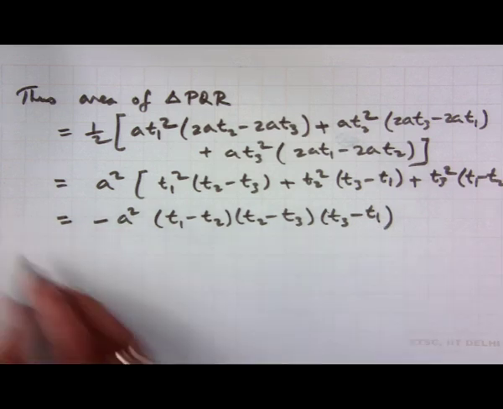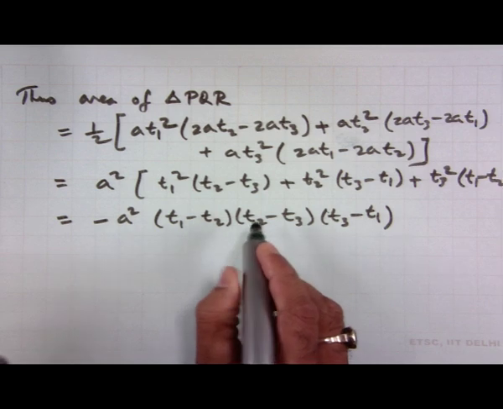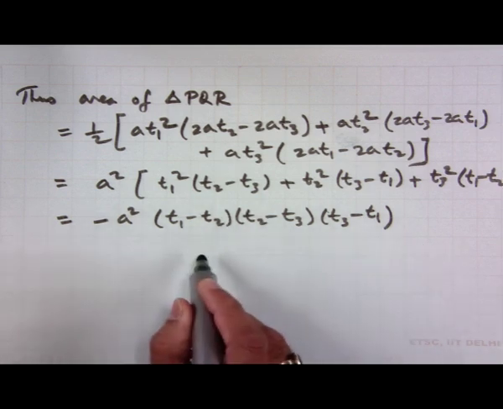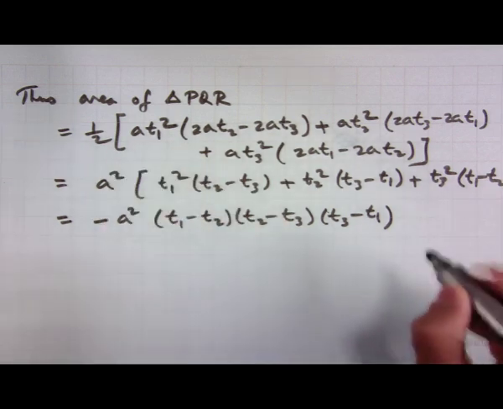This is the area of the triangle formed by any 3 points on the parabola.